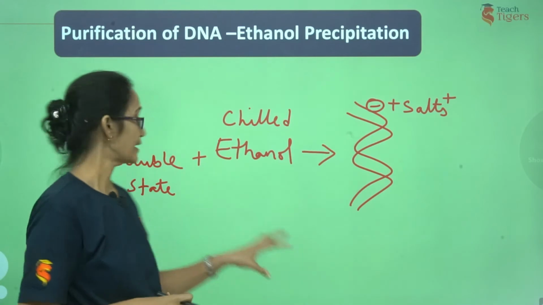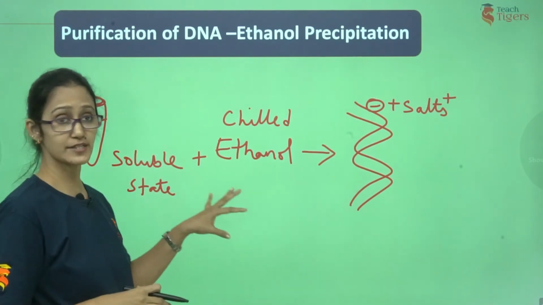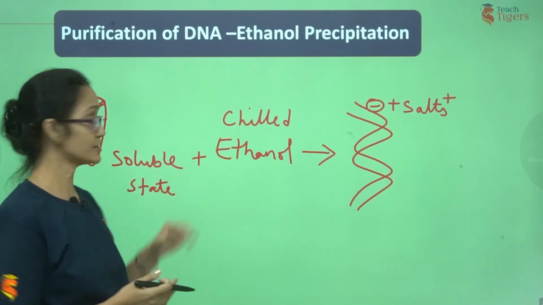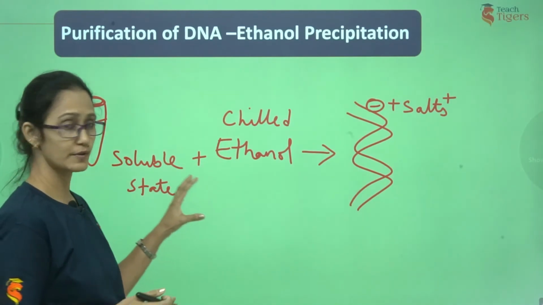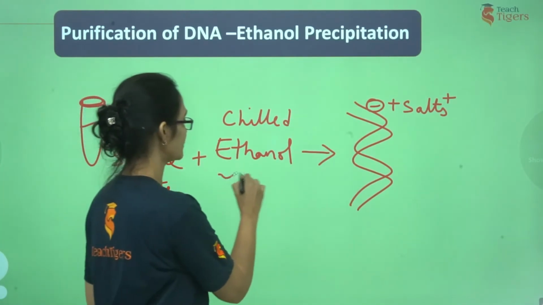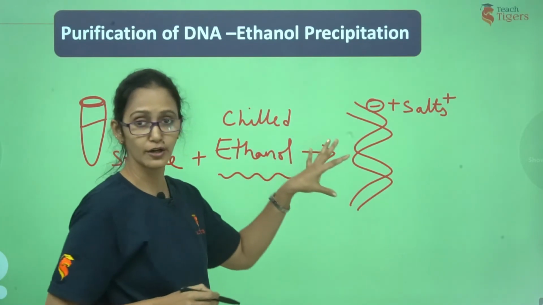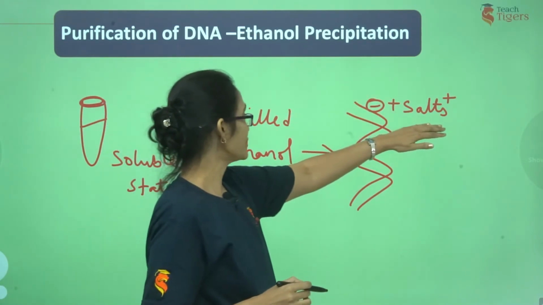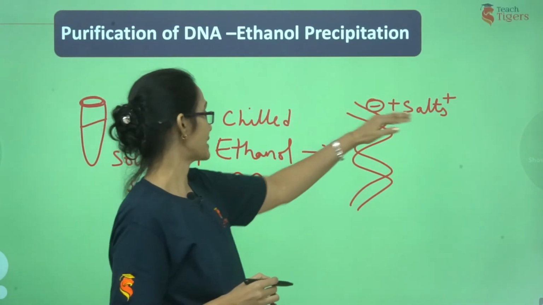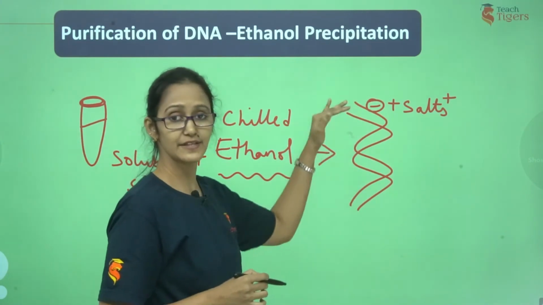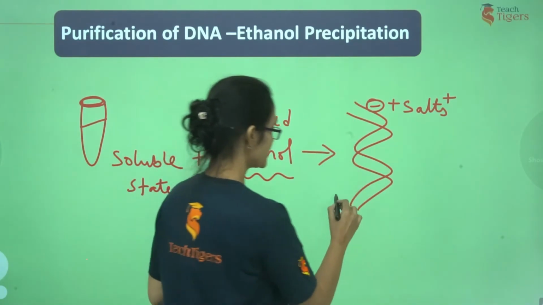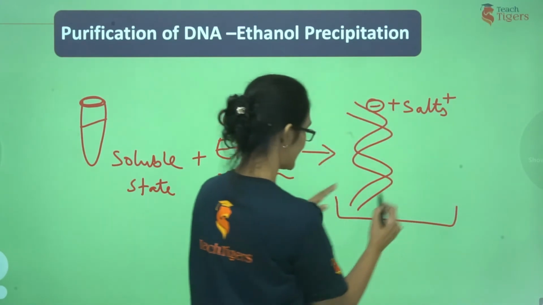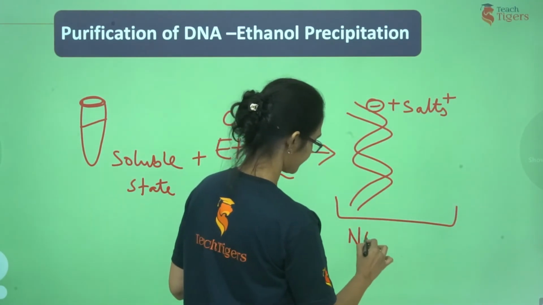Now here, DNA being negatively charged, it is soluble in water, in this extract. But now, what we did, we added chilled ethanol. By addition of chilled ethanol, the cations that are present in the cell extract started interacting with the negatively charged DNA, and this is how the whole DNA became neutral.